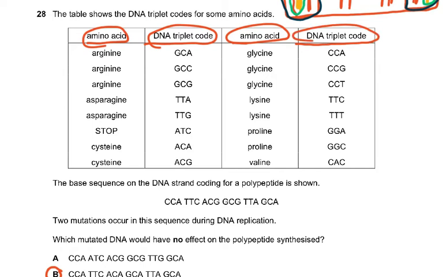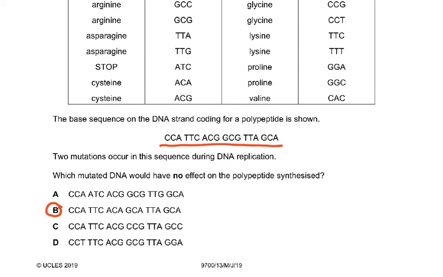Now the base sequence on the DNA strand coding for a polypeptide is shown. So we have these, and they put these in three adjacent ones together, so you can see them. They've done this for a certain purpose. Now it says 2 mutations occur in the sequence during DNA replication. Which mutated DNA would have no effect on the polypeptide synthesis?